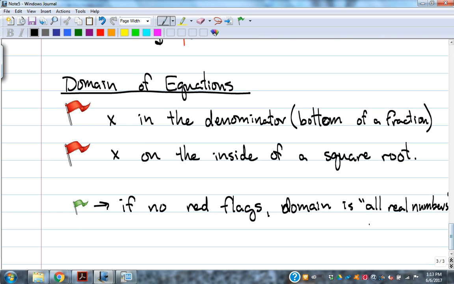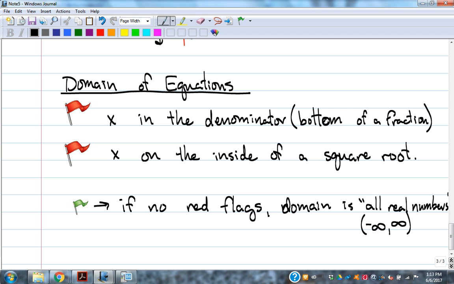All right. The green flag I've got drawn there says if there are no red flags, then the domain will be all real numbers. And underneath that, I've written -infinity, +infinity. And that's going to kind of bridge us into using interval notation a little bit.